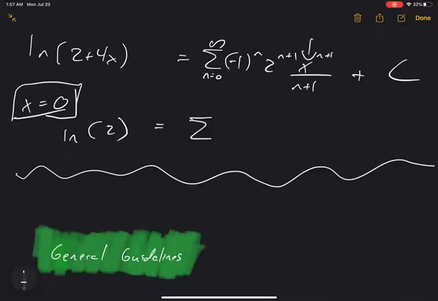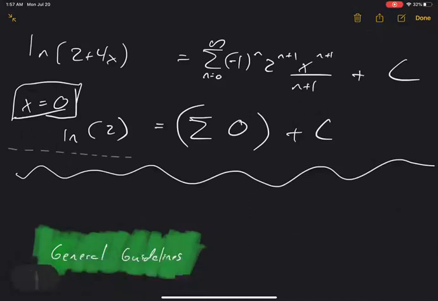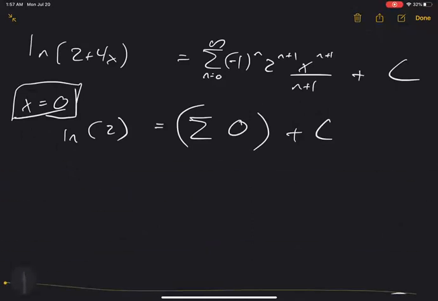If I plug 0 into that, the series is just going to be 0 plus 0 plus 0, a bunch of zeros. And then I got the plus C. And remember, adding up an infinite number of zeros, that's 0. So basically what I have is ln of 2 equals 0 plus C. So ln of 2 equals C.